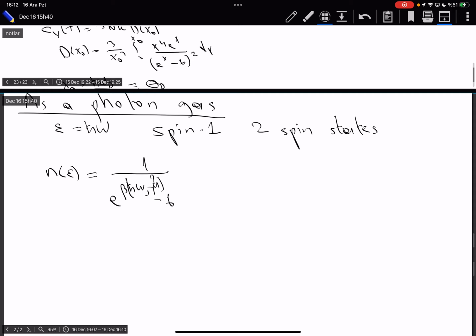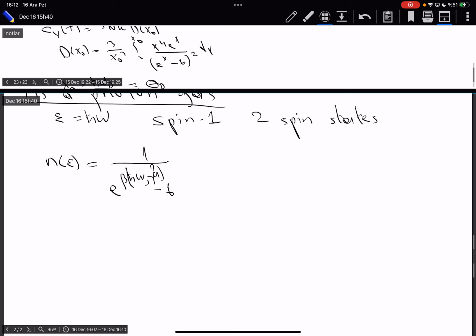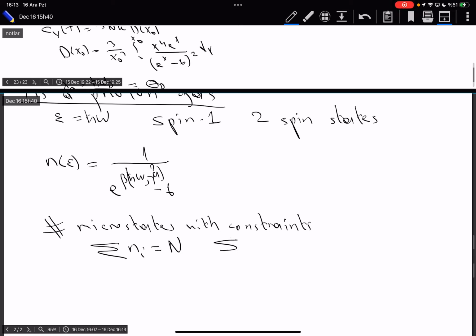So we are looking at a system of bosons, but we still had to count the number of microstates with the constraints: the sum of n_i should be the total number of particles, and the sum of n_i epsilon_i should be the total energy.